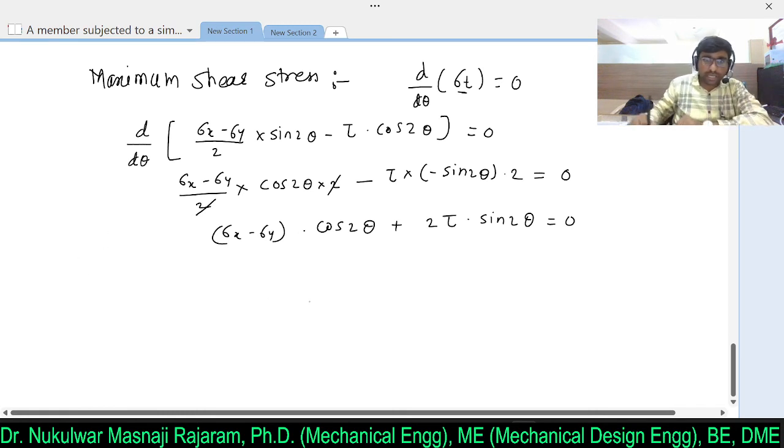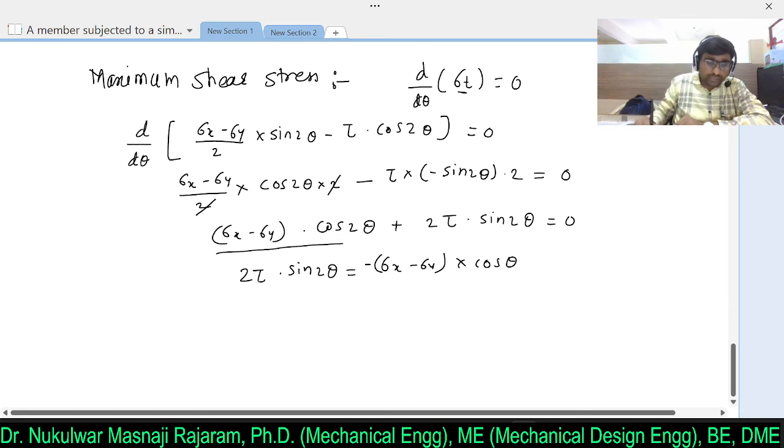So again I will simplify: 2 tau into sine of 2 theta is equal to minus (sigma x minus sigma y) into cos of 2 theta. So this first term I am taking to that side. Clear?